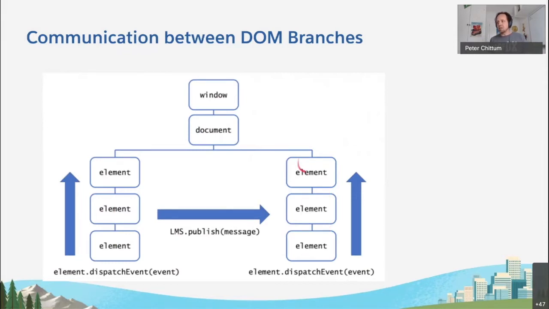Something above it can add an event listener and then respond to that. But if, say, this element over here needs to listen to a message that's fired by this element over here, in a relatively simple part of the DOM, there's things that you can do to bubble an event up to a higher level. But again, in a very complex DOM architecture, this can be difficult.